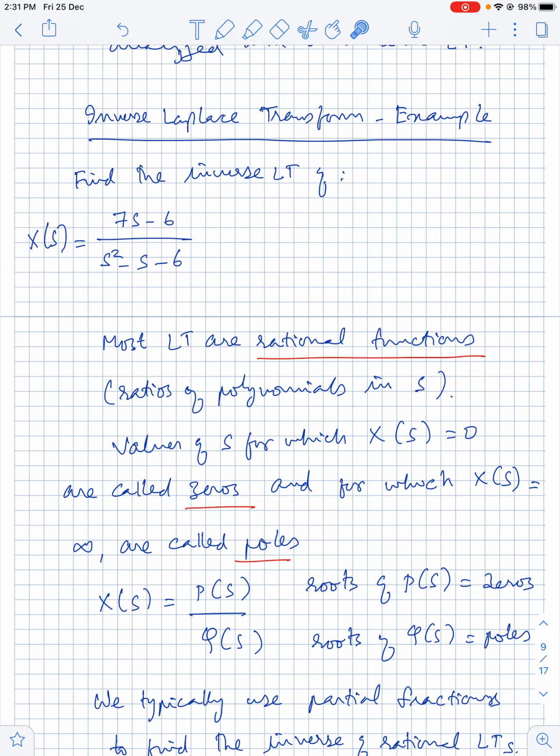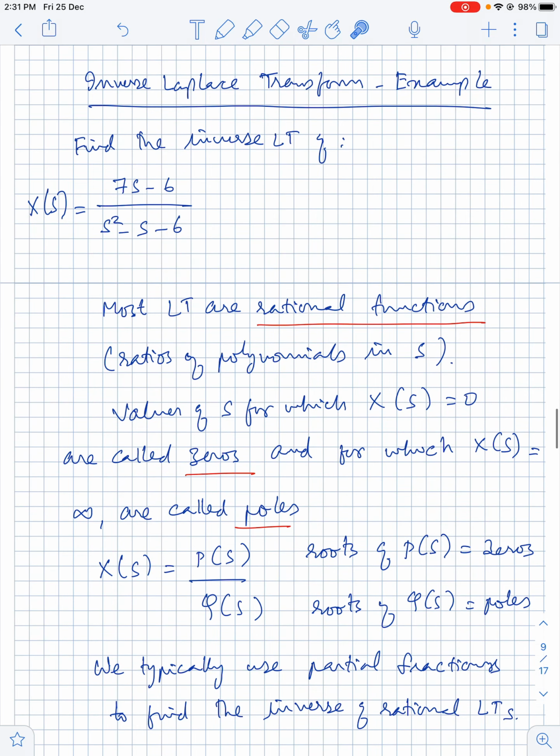Similarly, when you find the roots of the denominator polynomial, the denominator polynomial becomes 0, and x of s at those values of s will become infinite. So values of s for which x of s becomes 0 are called zeros, and those for which x of s equals infinity are called poles.